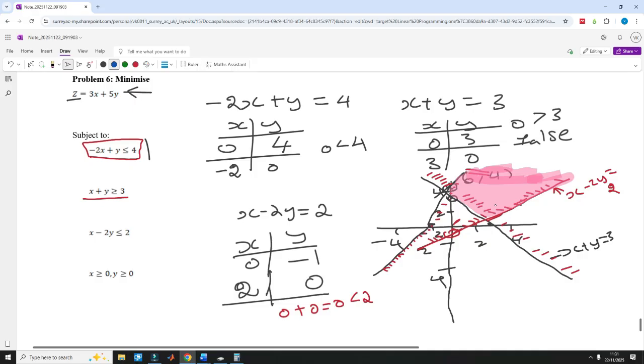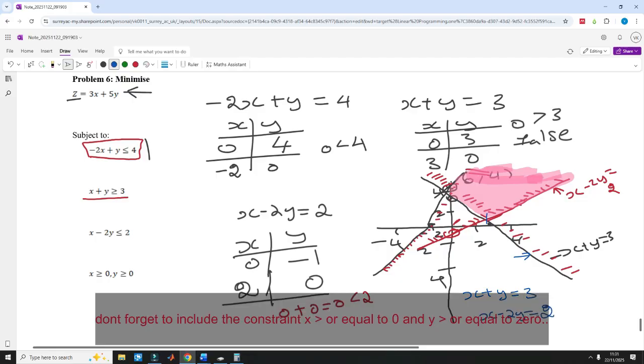And if you really manage to extract all the corner points, this is something really easy to get. I already showed you how to get the corner points when two lines intersect with each other. So for example, this is x plus y equal to 3, and this other equation, x minus 2y equal to 2, intersect at this particular point.